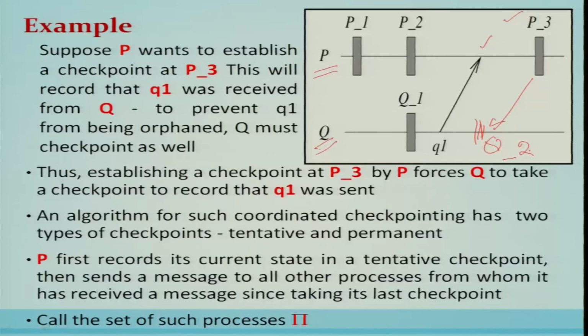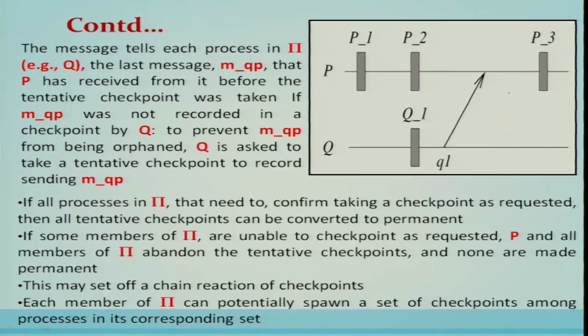So an algorithm for such coordinated checkpointing has two types of checkpoint: the tentative checkpoint and a permanent checkpoint, that I have explained. The process P first records its current state in the tentative checkpoint and then sends a message to all other processes from whom it has received a message since taking its last checkpoint. This set of processes are required to take a checkpoint, and basically it will be coordinated checkpointing as far as this particular process is concerned.